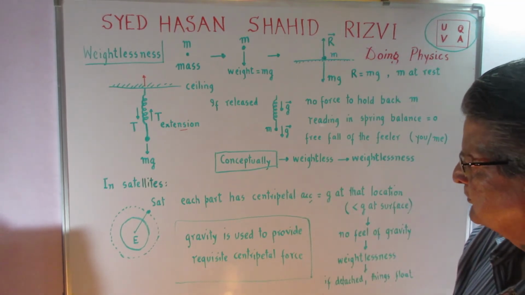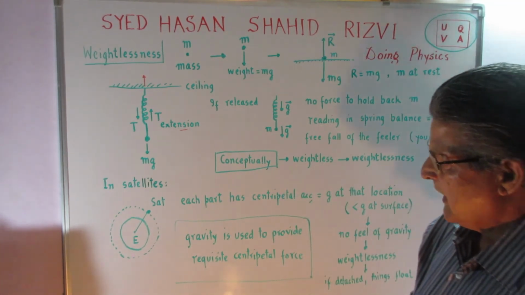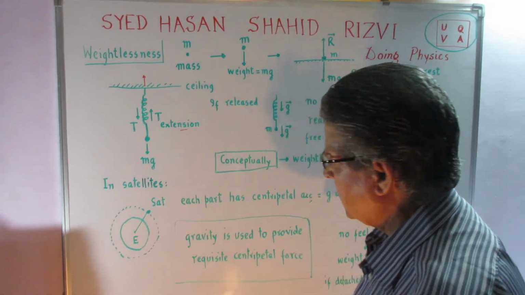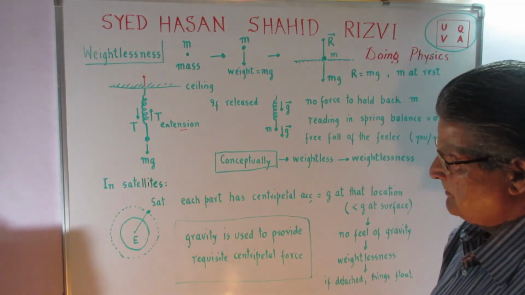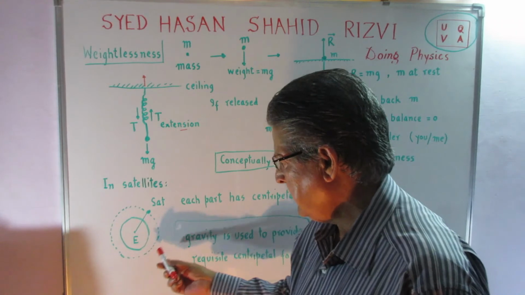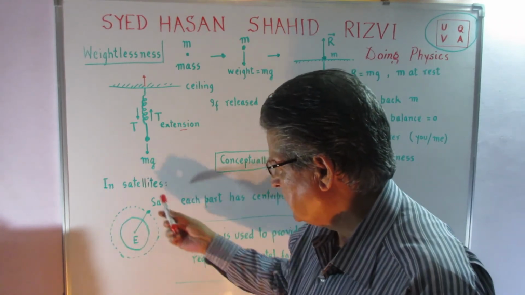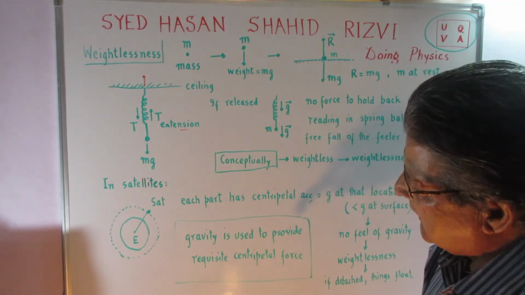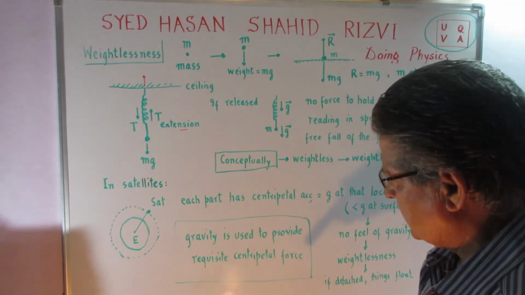In satellites, we have the Earth and we have a satellite going around the Earth. The satellite is moving in a certain plane with a certain speed or velocity, so there has to be a centripetal acceleration.